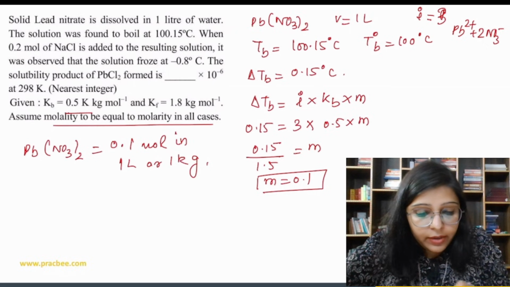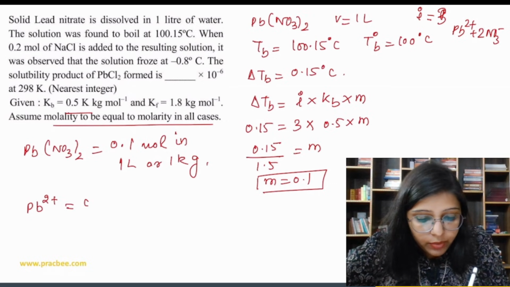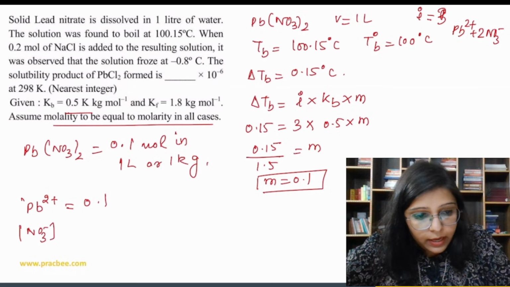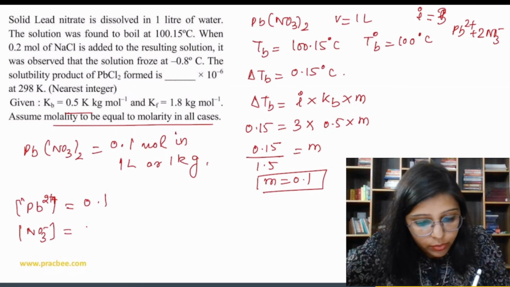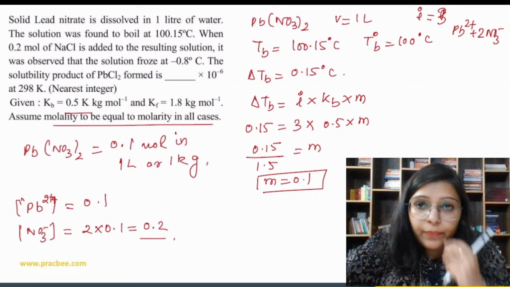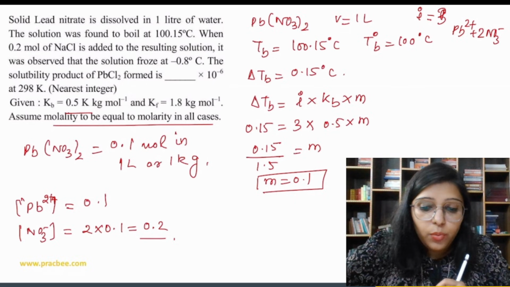So if lead nitrate is 0.1 mole, then Pb2 plus is 0.1 mole and NO3 minus is equal to 2 into 0.1, which is equal to 0.2. Okay. Now what happens?